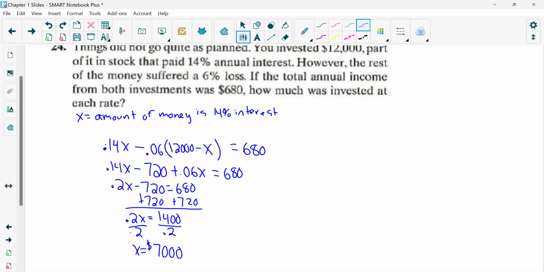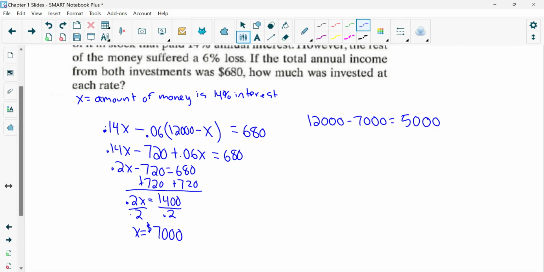All right, so that means in that 14% annual interest, there was 7,000, which means how much would be in the account that we lost money on? 5,000, because we had 12,000 to start. 12,000 minus the 7,000 we already put in gives us 5,000 in that other account. So we have to write that statement.